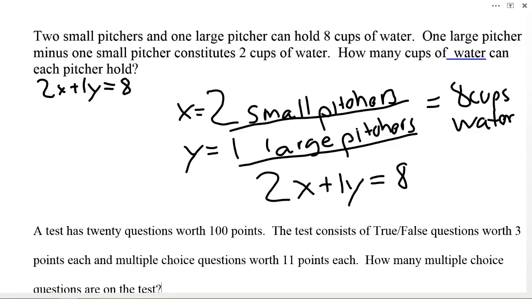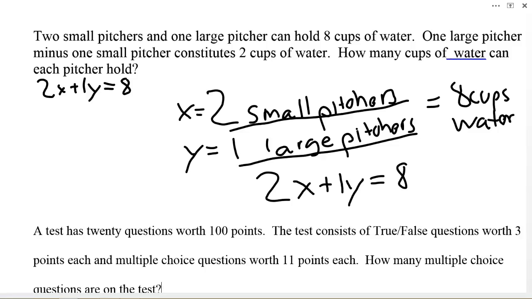Does that make sense? If I say Y is going to be large pitchers, then Y is going to be large pitchers in both my equations. Don't switch variables around halfway through and say, oh, this one's for this and this one's for this. No, decide at the beginning of the question what each variable is going to stand for, and then stay constant by using that variable.